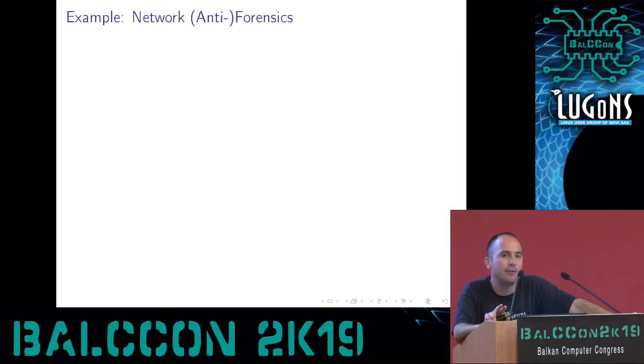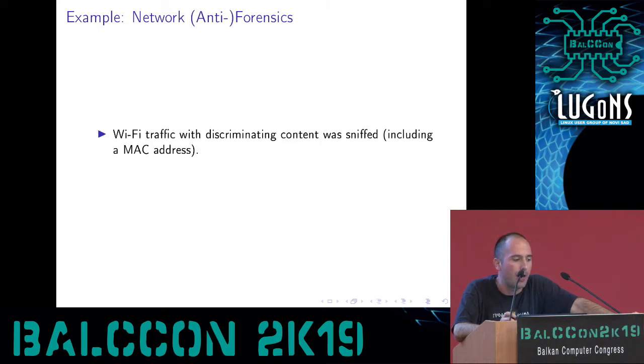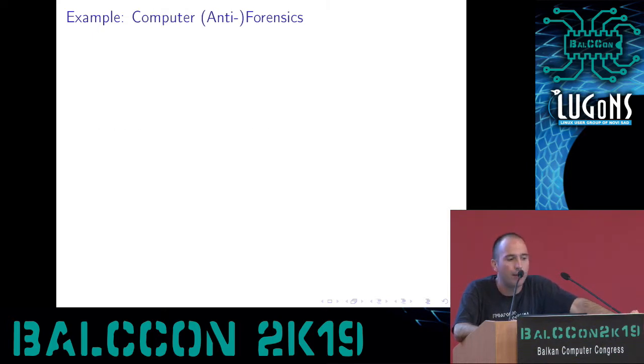We can find discriminating data in the traffic, and we can find what? First, how many devices are actually using it. That is very important. And we can find the MAC address of the specific device that is sharing the discriminating files, for example. And that is something we can do.